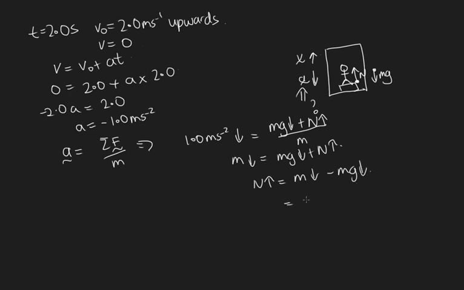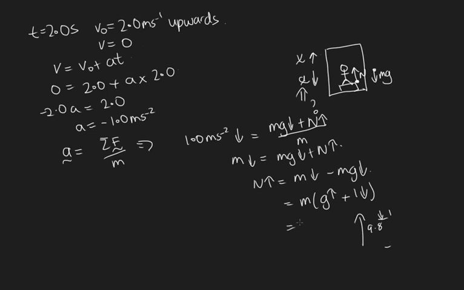So this is equal to, when we have a negative mg, this becomes an mg upwards, so this is m, and we've got g upwards plus 1 downwards, so these cancel each other out. We would have 9.8 and 1, and this would be the resultant here.